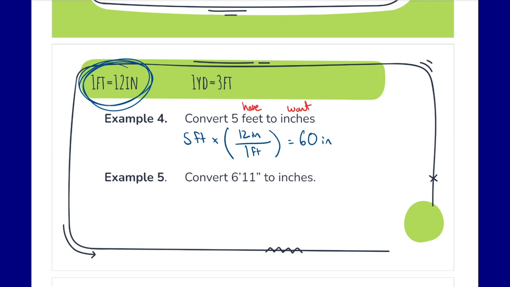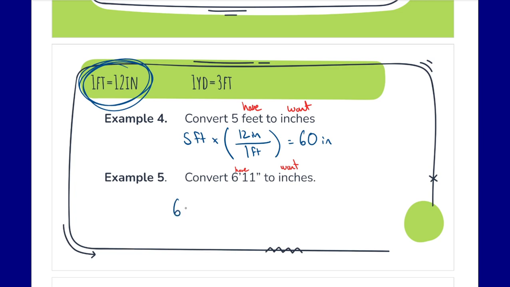If we want to convert 6 feet 11 inches to inches, this one's a little bit different because the units we have is actually a combination, and part of it is the units we want. So when we have 6 feet 11 inches, really all we need to convert is the feet part and then add the 11 inches on after.